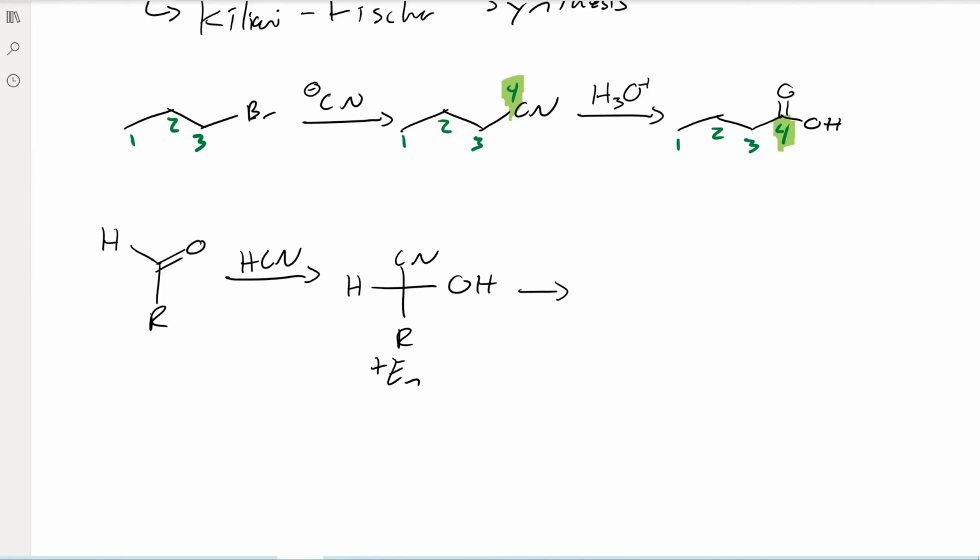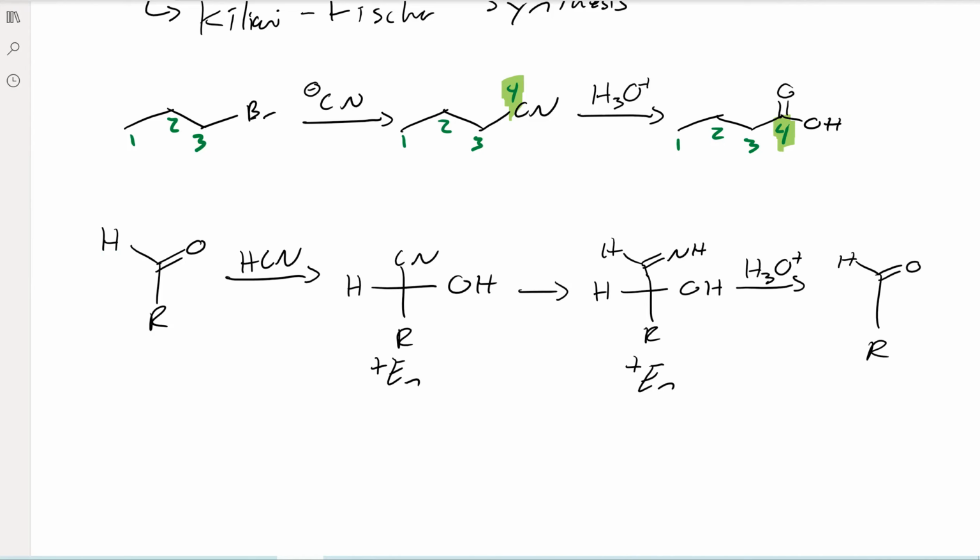After that, we can hydrolyze the cyano group to an imine. And then hydrolyze further to an aldehyde, right? We don't want to go all the way to carboxylic acid because our sugars don't have carboxylic acids.